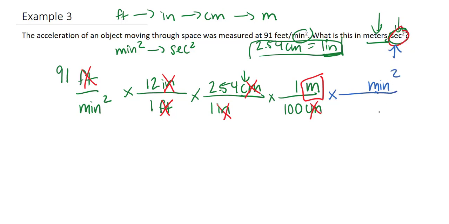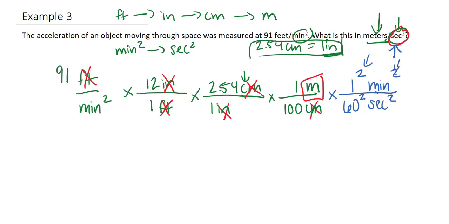This is an easy conversion because 1 minute is equal to 60 seconds. We need to square both numbers, on the top and the bottom, because this is minute squared and this is second squared. So in order to get rid of all the units, we have to take the square of everything here.